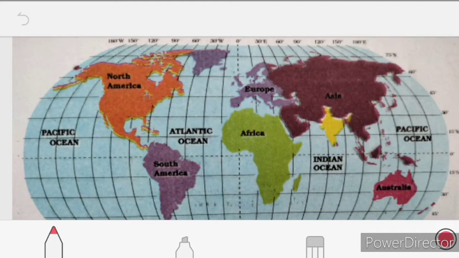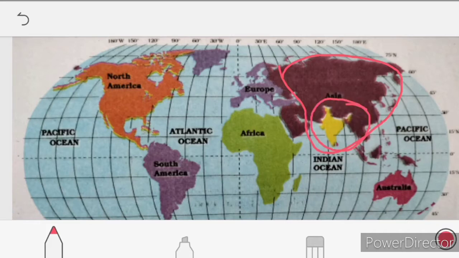In this map we see the continents and the seas and oceans of the world. Here we see the Asia continent, the largest continent of the world, in which our country India is located.